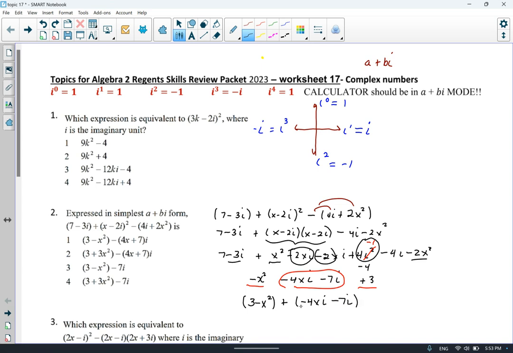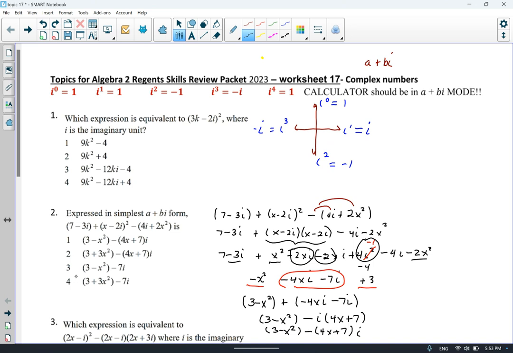Then what they did is they factored out the negative 4 and the I. So they got 3 minus x squared minus I times 4x plus 7. And they just rearranged where that I is. So it's 3 minus x squared minus 4x plus 7i.